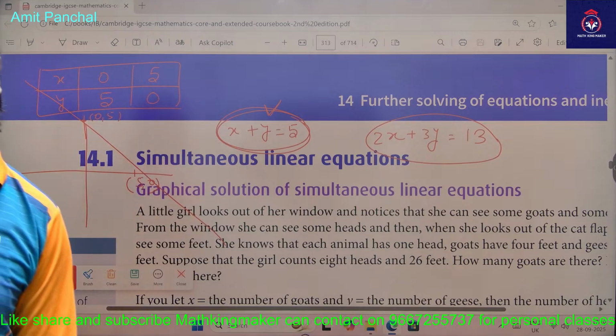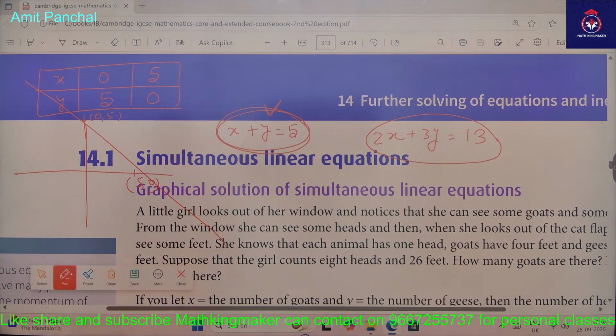And try to avoid answers in decimal. Of course. Because that will not be easy to draw. Got it?